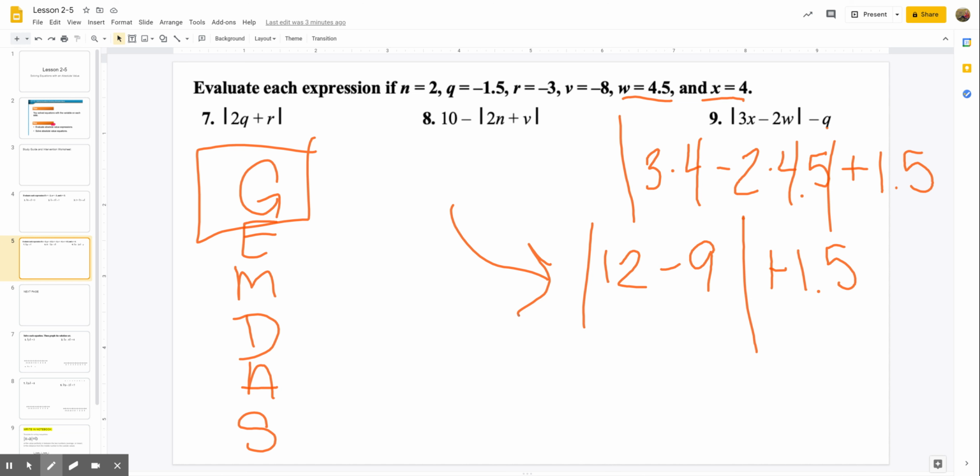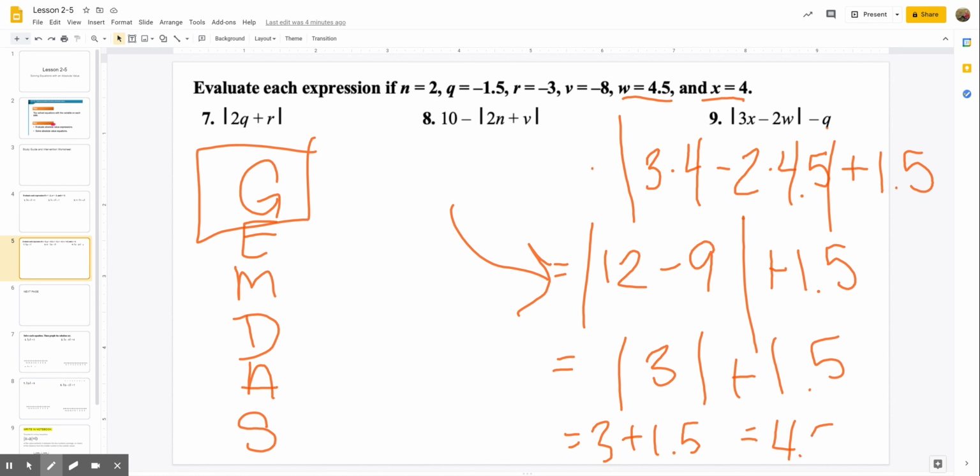So we have 12 minus 9, which is 3, plus 1.5. Absolute value of 3 is 3. So you have 3 plus 1.5, which equals 4.5. And that's how we'll do those problems.